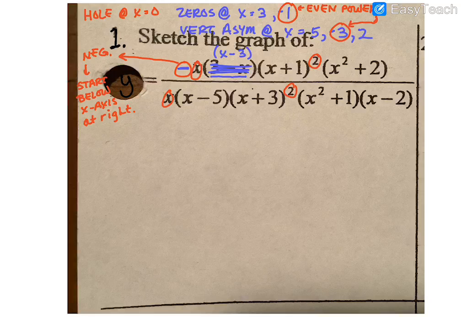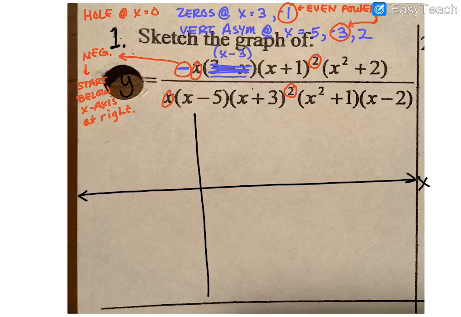So let me attempt to set up a rather crooked x-axis and a y-axis here. As I start to put in information, I know that there's going to need to be a hole at x equals 0, which, as I'm looking at my answer key, I'm not sure I actually have on the answer key. We're going to have asymptotes at 5, -3, and 2.